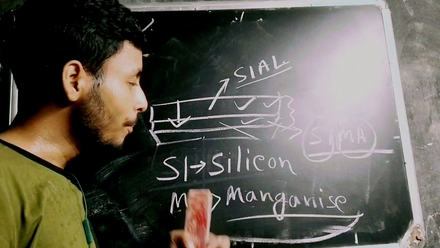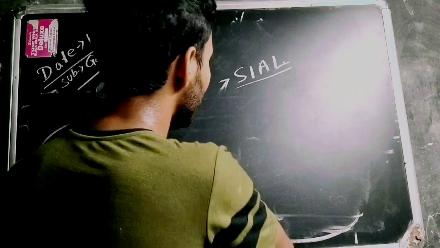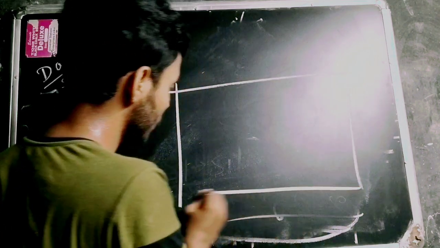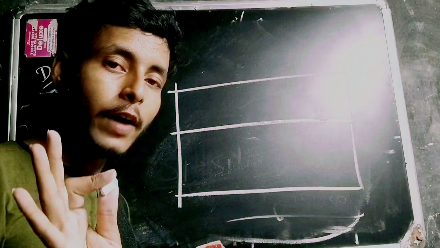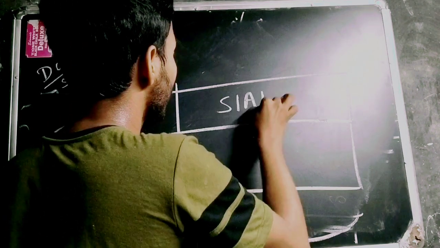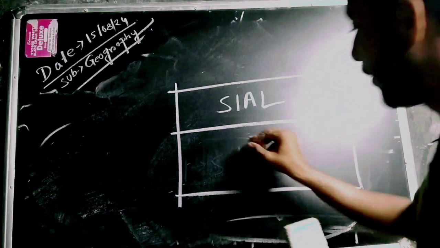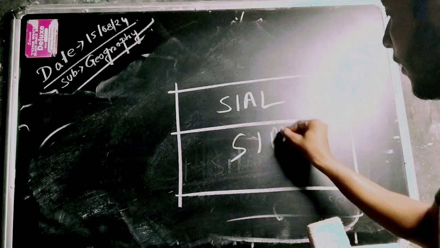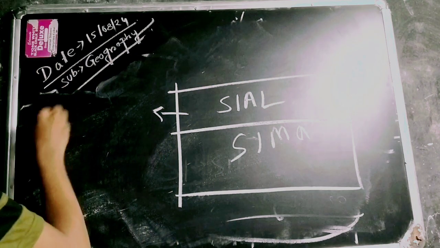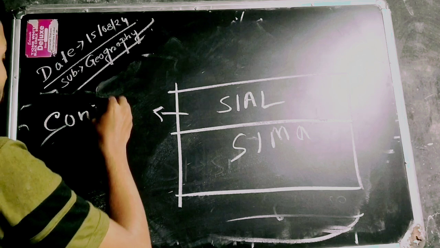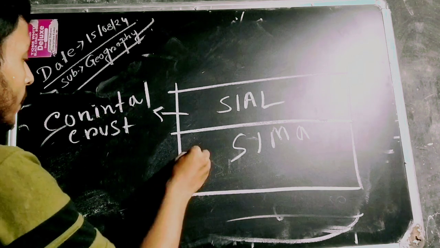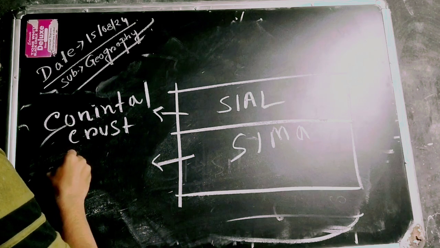In brief, the crust is divided into two parts. The first is the continental crust, also called the sial, and the second is the oceanic crust, also called the sima.